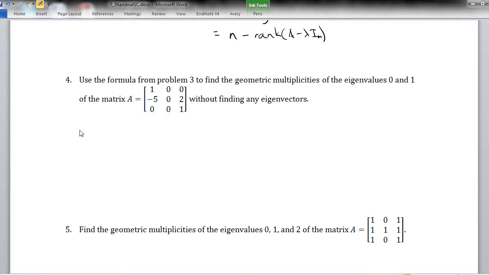So the geometric multiplicity of 0, by definition, is the dimension of E0, which is the dimension of the kernel of this matrix.